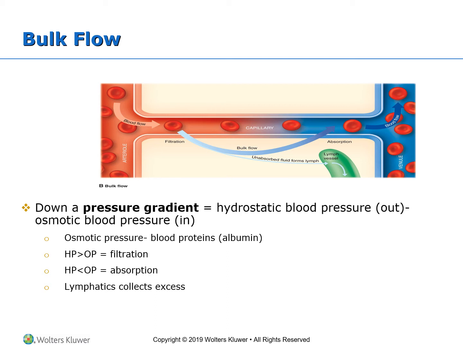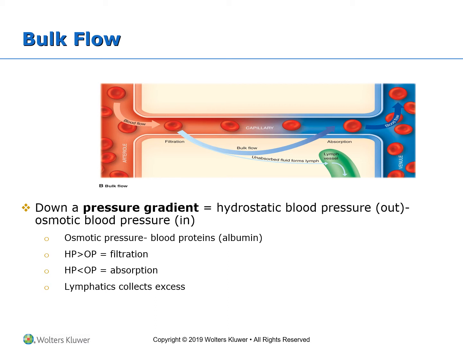So whenever I have a hydrostatic pressure that is higher than the osmotic pressure, I will have what is called a filtration. The water being higher than the osmotic pressure will pass from the capillaries inside the tissues.